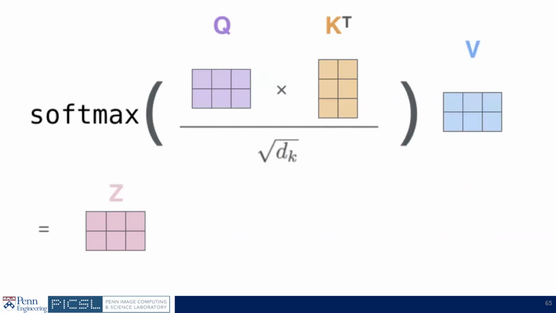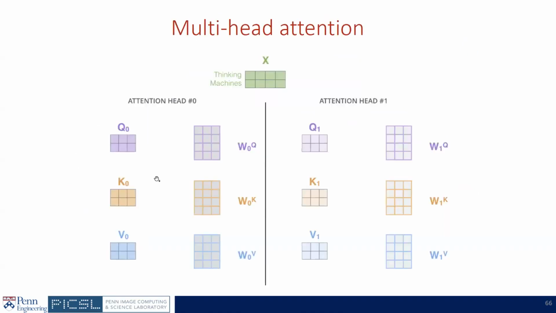So for every word, instead of having one Q, one K, and one V, you can have n number of Qs, Ks, and Vs associated with one particular word. Think of this as multiple attentions. It's called multi-head attention, where I'm going to have n number of Q, K, and Vs, which are all learnable, just to give more context and more information to the network. So it becomes more powerful.